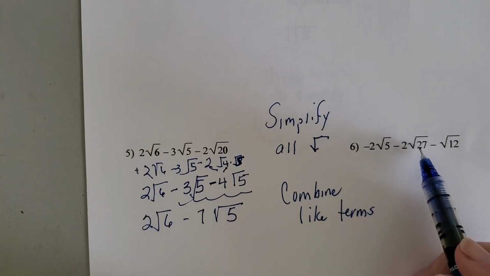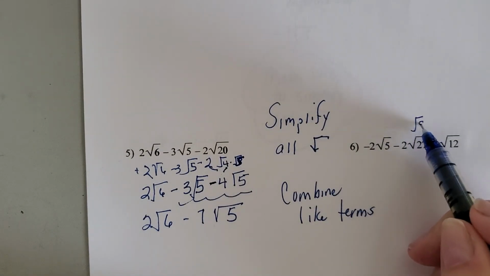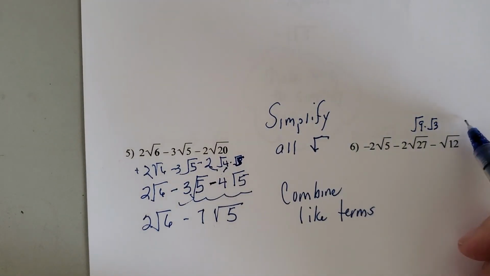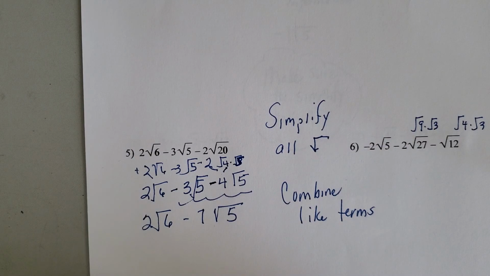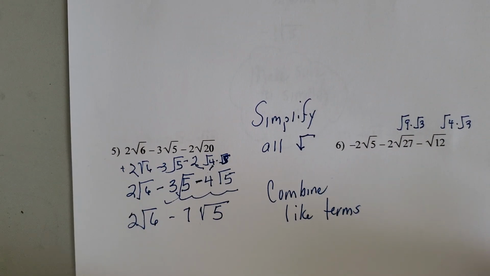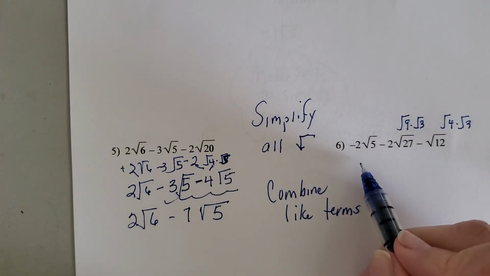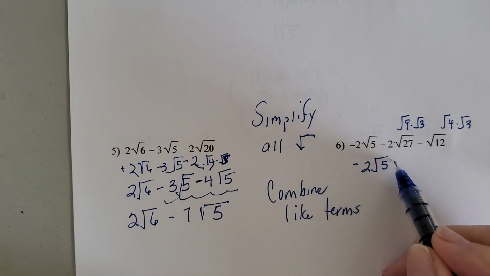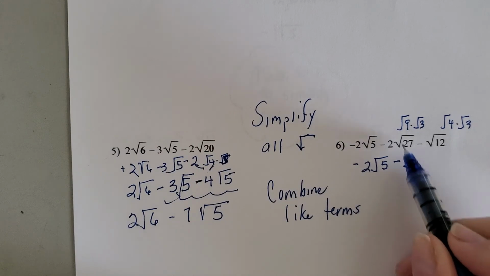Okay. When we look at number 6 here, we might remember that 27 is the square root of 9 times the square root of 3. And 12 is the square root of 4 times the square root of 3, right? 9 and 4, each of those are a perfect square, so we can simplify those. Okay, so let's do this. I'm going to bring down the 2 radical 5, bring down the minus 2.